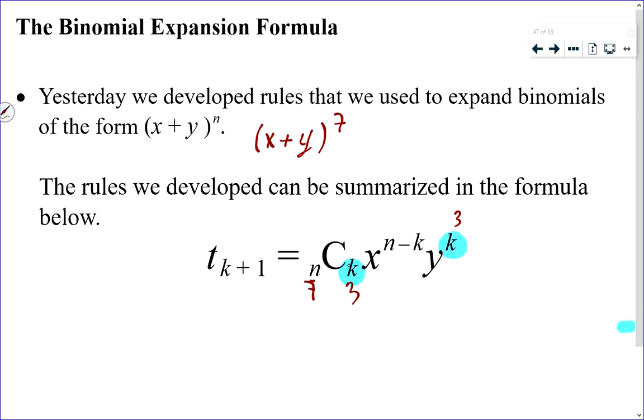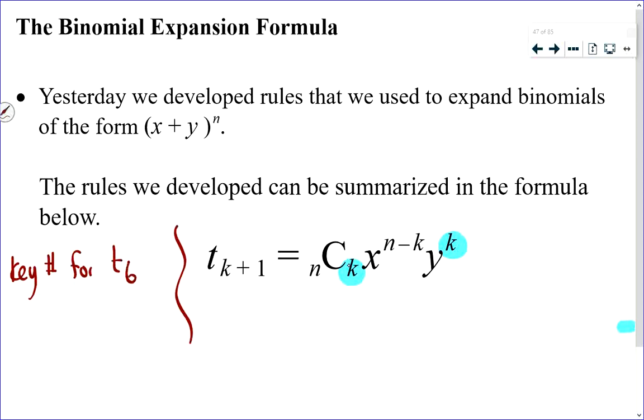Now, the toughest part about this equation is this k plus 1. But let me ask you a question here. What is the key number for, say, the 6th term in the expansion? Who can tell me what the key number for the 6th term of an expansion is?